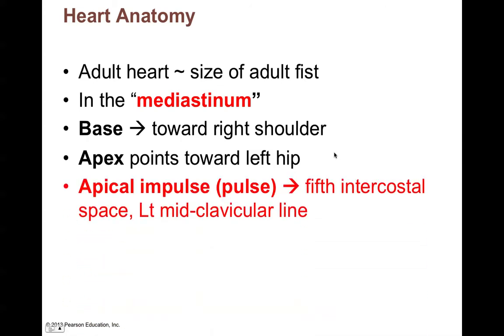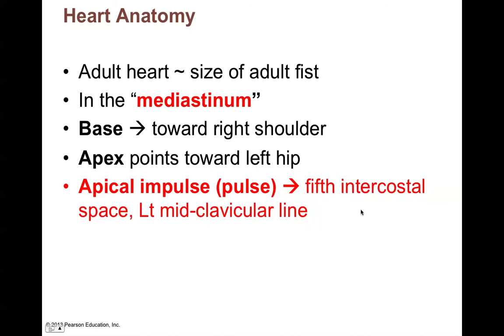And when we say apical pulse, this is referring to where we hear the heartbeat. I'm using air quotes, beat, because it's not really beating, but we do hear the sounds from the heart the strongest at a location that would be at the fifth intercostal space and then the left midclavicular line.